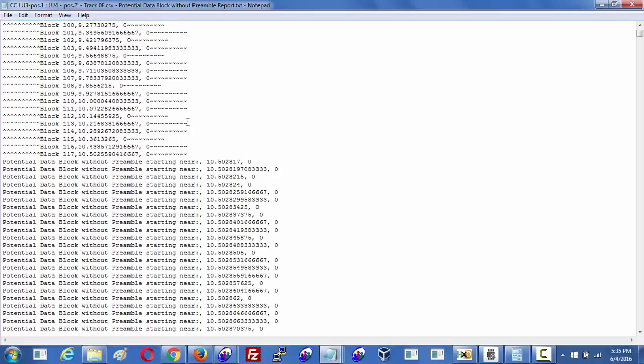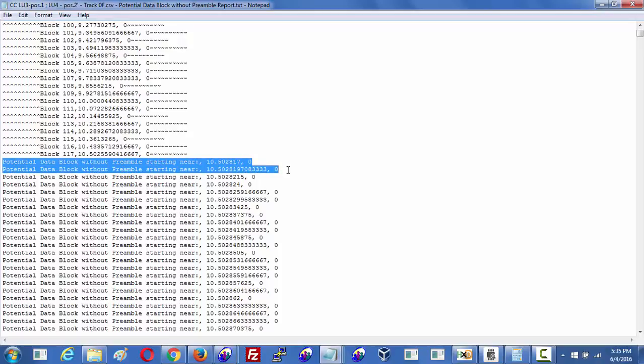But then if it starts to see data where the preamble hasn't identified a block has started, then it gives me the data pulses that look like they could be data pulses because they're within the correct range, and there are so many consecutive ones. I think I designed it so that 50 consecutive valid data pulses, which don't follow a preamble, constitute a potential data block without a preamble.